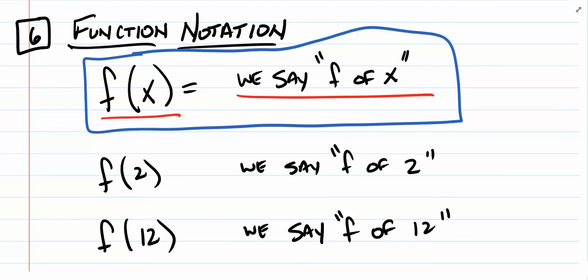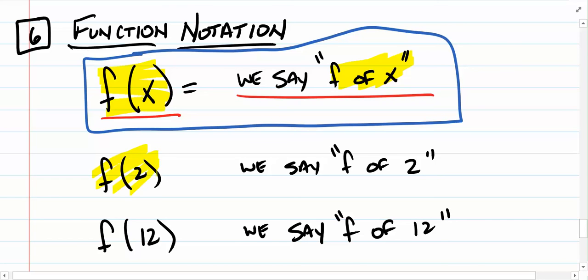Box number 6 is all about function notation. So we need to learn how to say this in algebra. Whenever you see this statement here that I'm highlighting, an f and then a parenthesis and then an x, we say this as f of x. This is called function notation, f of x. So this statement right here is read f of 2.